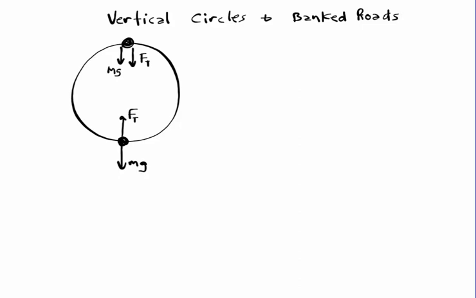Now, what makes this a little tricky compared to the other stuff is that I have more than one force along the line that connects the object to the center of the circle. Here's the center of the circle right here. When I look at the situation up top, both of those forces are pointing towards the center of the circle. So when I substitute them into this equation, I have to include them both.